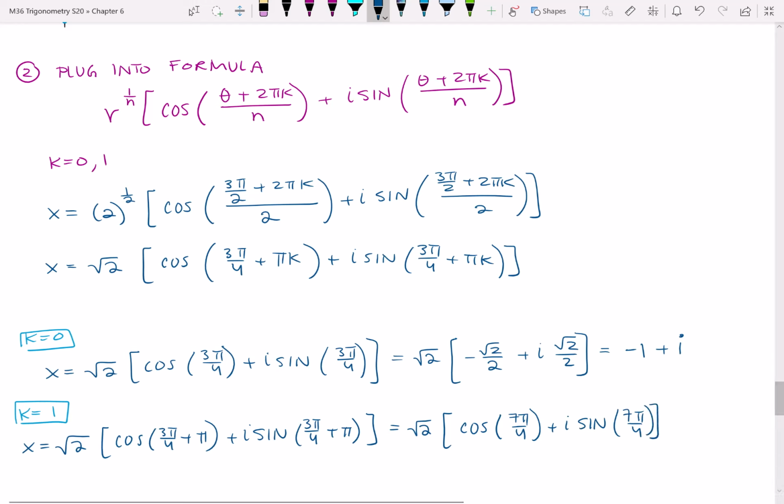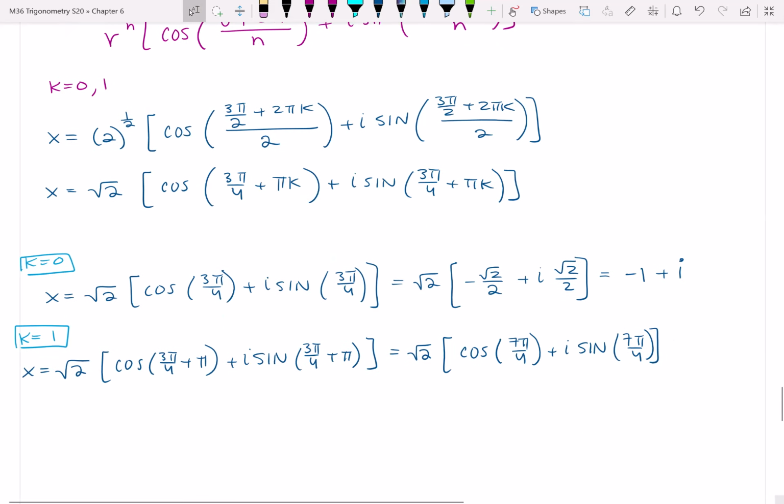And again, that's going to equal, let me finish that up down here, the square root of 2 times cosine of 7 pi over 4, which is the square root of 2 over 2, plus I sine of 7 pi over 4, which is negative square root of 2 over 2.